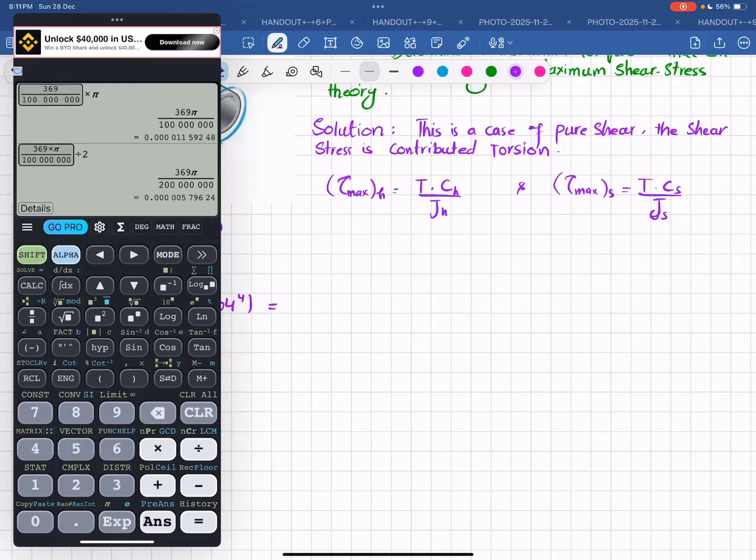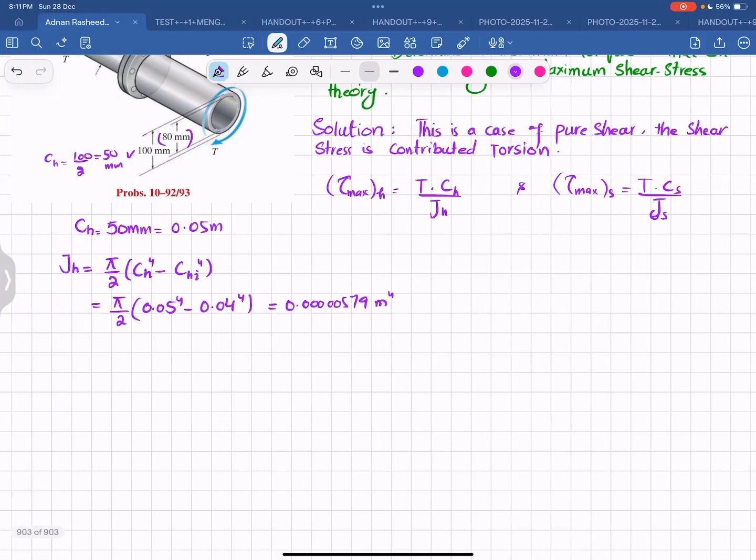You can see that it is 0.00000579, and unit will be meter to the power 4. And we can write this Jh is equal to 5.79 into 10 raised to power minus 6 meter to the power 4.